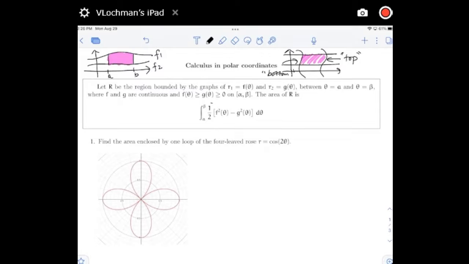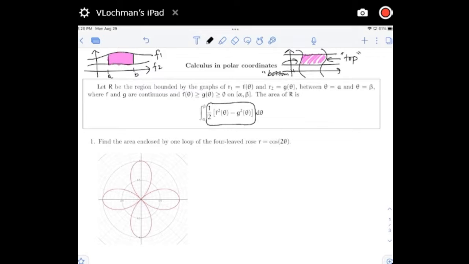Here we have 1/2 times the quantity f squared of theta minus g squared of theta. That's going to be our main formula to apply when we're trying to determine the area bounded by a curve.